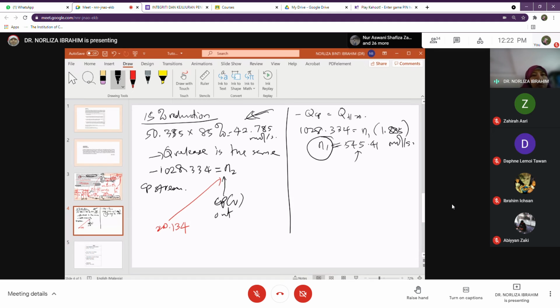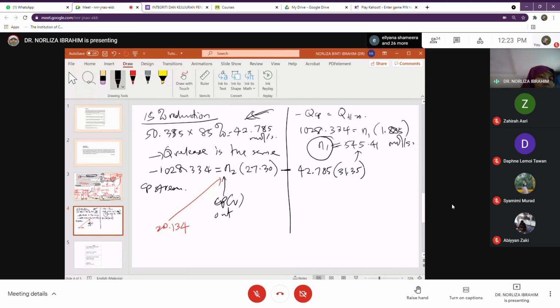Okay, so now that reduction affects the vapor in the product. But your enthalpy is the same. And then one more is minus the new value of the inlet, 42.785 with the enthalpy 31.35.